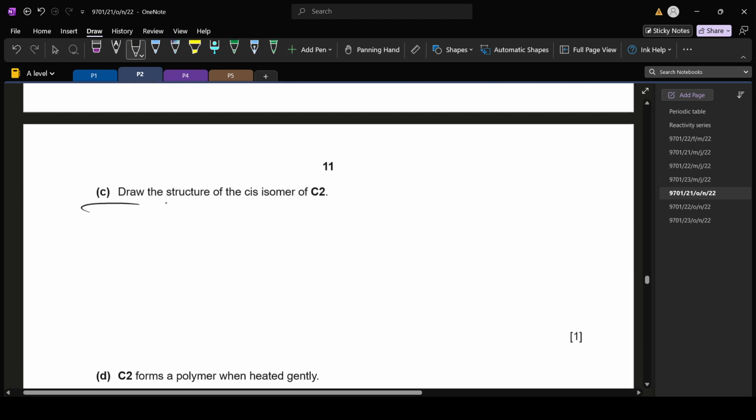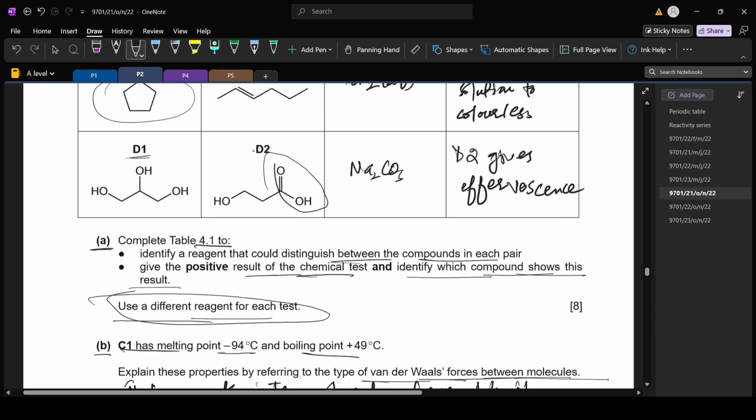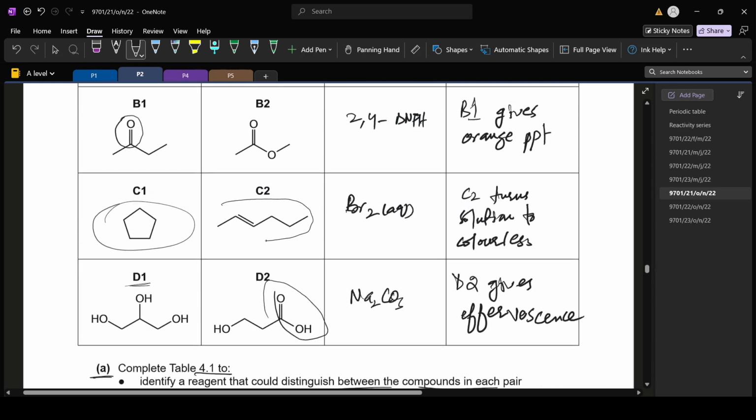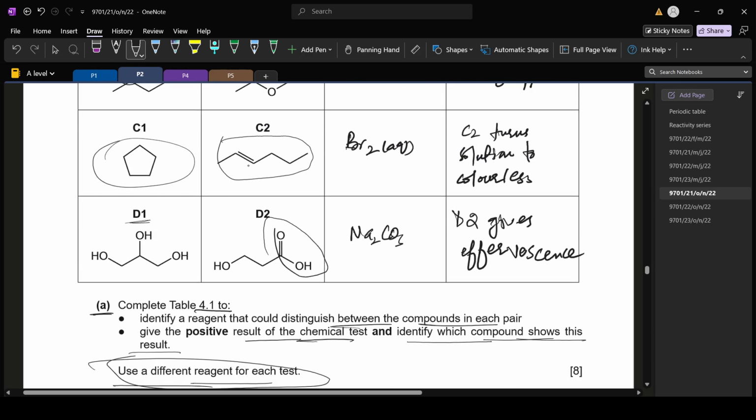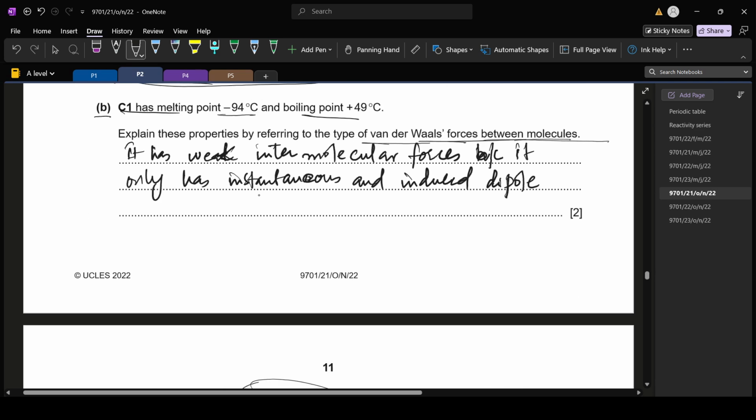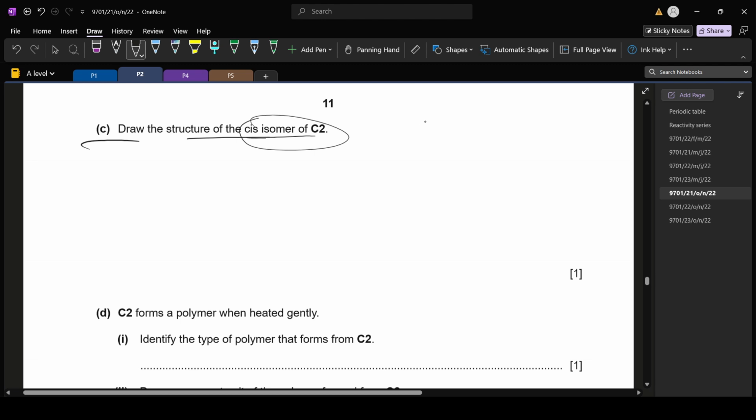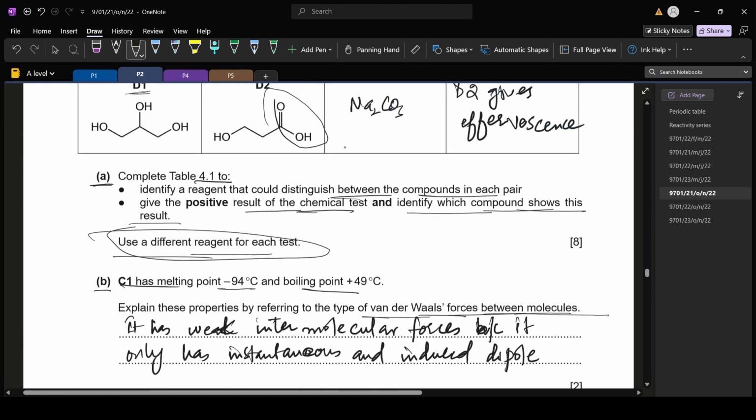Part C, draw a structure of the cis isomer of C2. So this is C2, and 1 2 3 4 5 6. You have 6 carbons, so let's draw a structure of C6, and the double bond is on the second carbon.